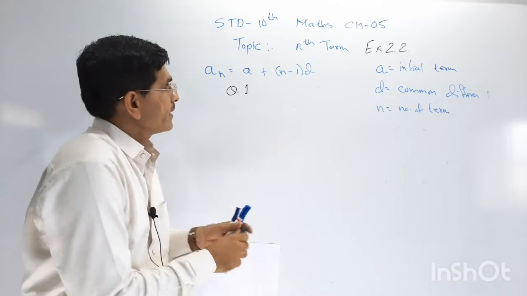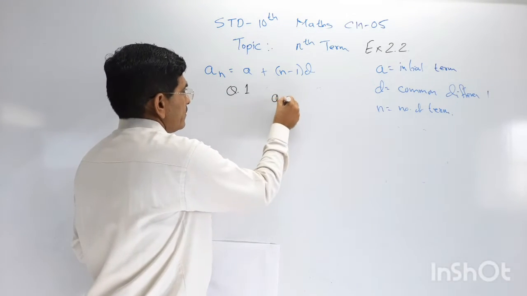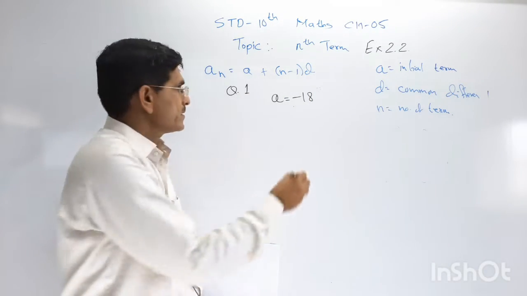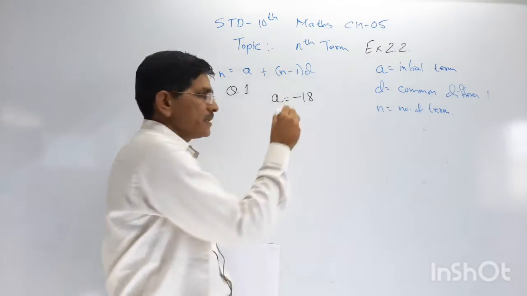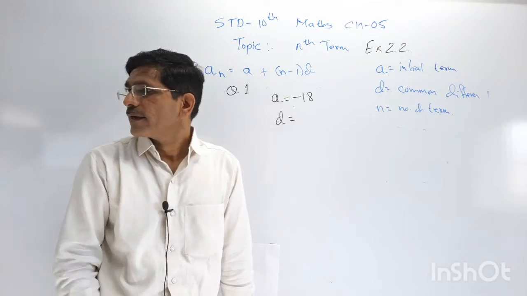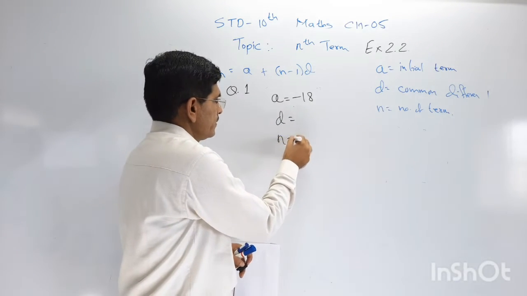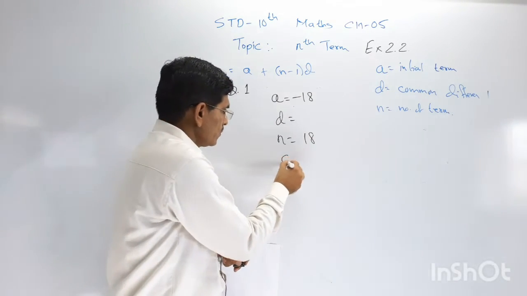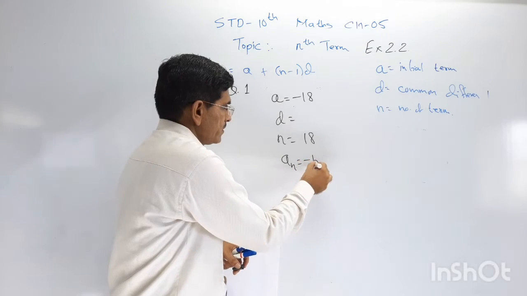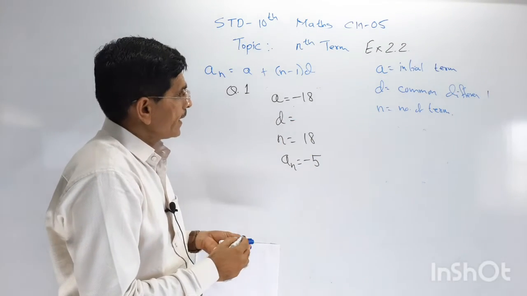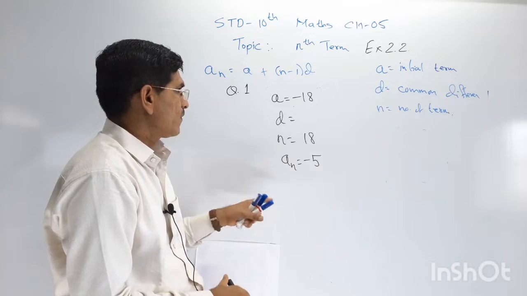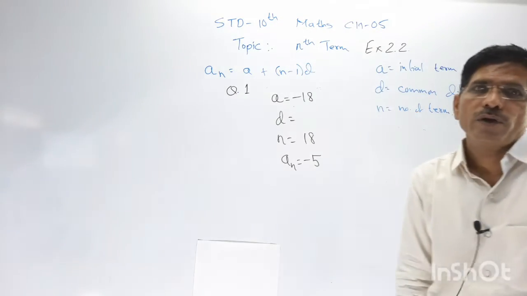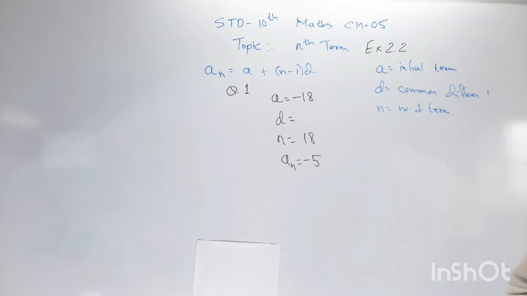Now a is given as minus 18 and d is equal to dash, and n is equal to 18 and an is equal to minus 5. Now try to find out the value of d.